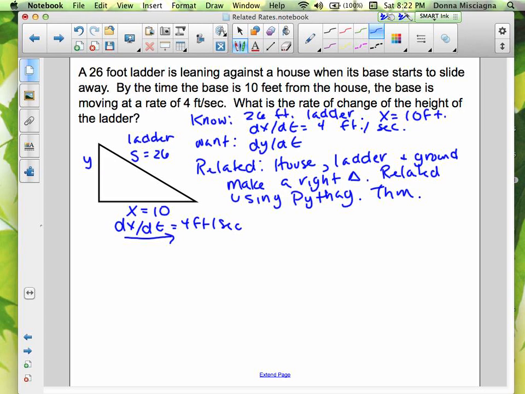All the things we know are up there. We do not know the height of the ladder as it's sliding. We also do not know dy/dt. That's what we're actually solving for.